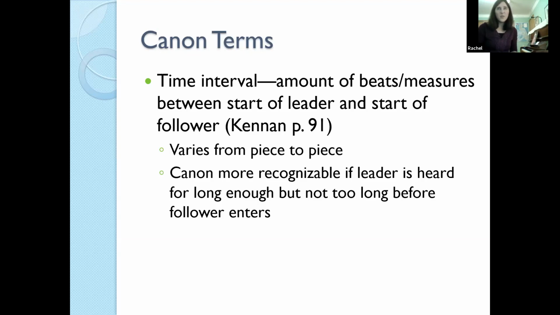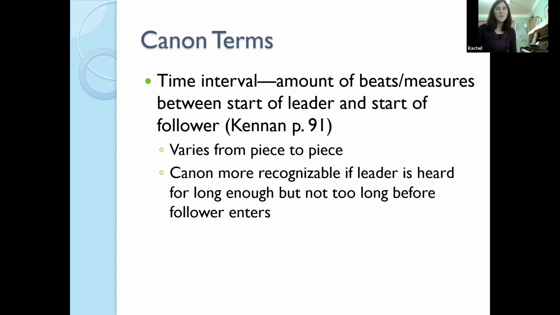So you want it to be heard long enough before the follower enters so that people can recognize they have this melody in their head that they've just heard, but they've heard enough of it by itself that when the follower comes in, they can realize, oh, that's what was just happening in the other voice, okay?